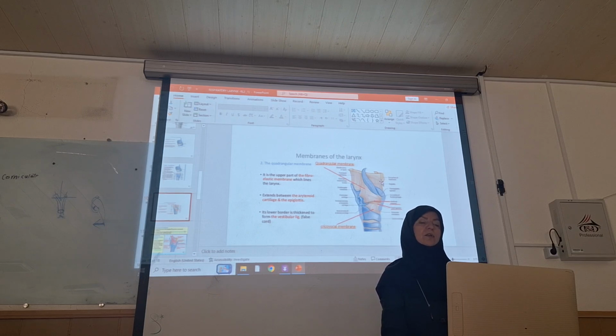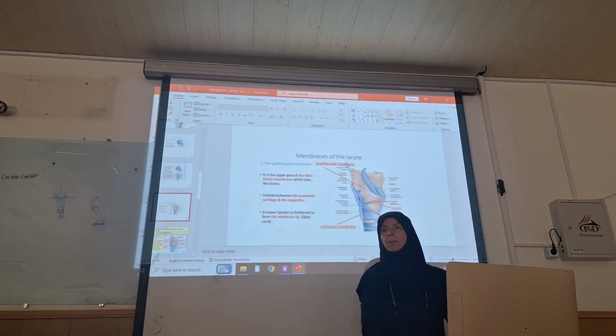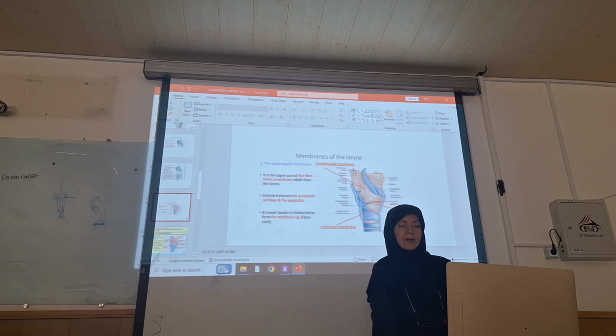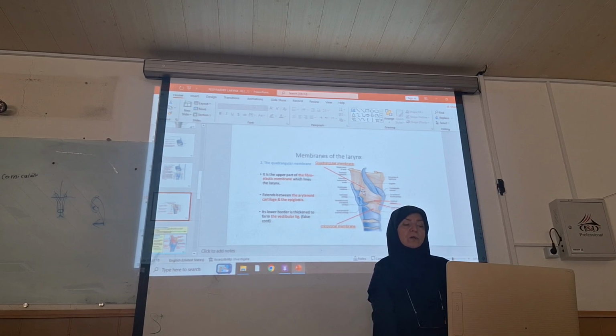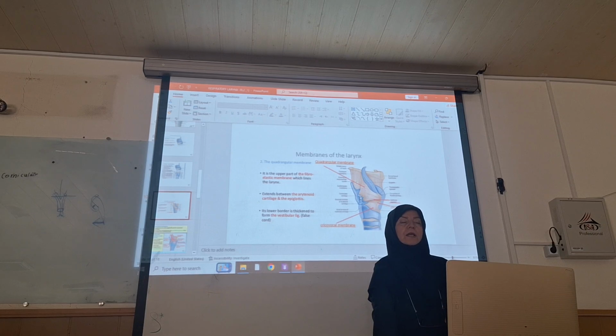Which part of the quadrangular membrane forms the vestibular ligament? Inferior.